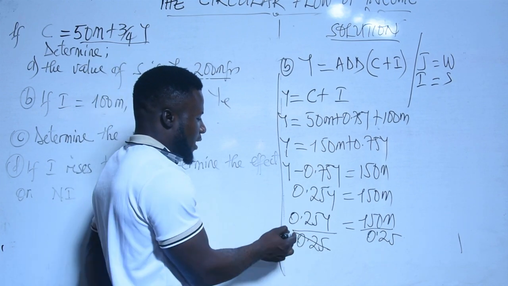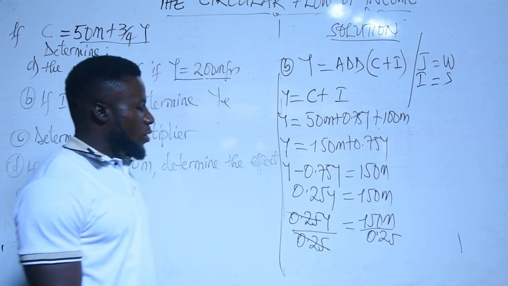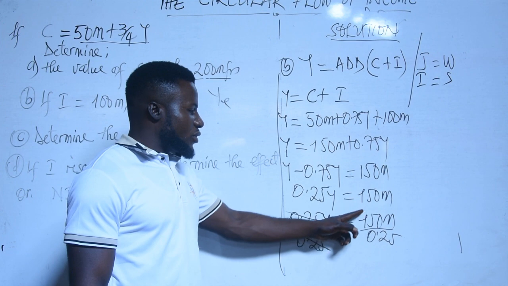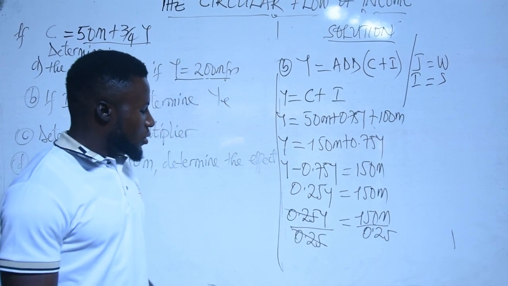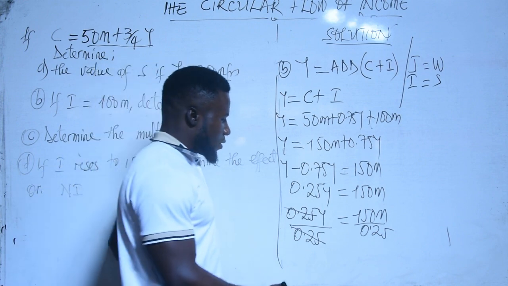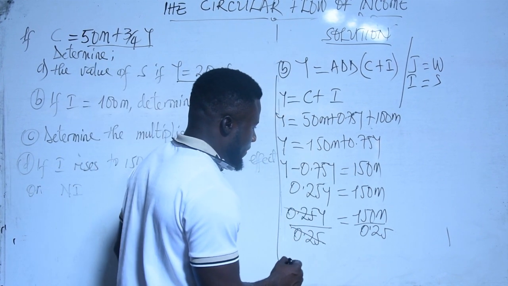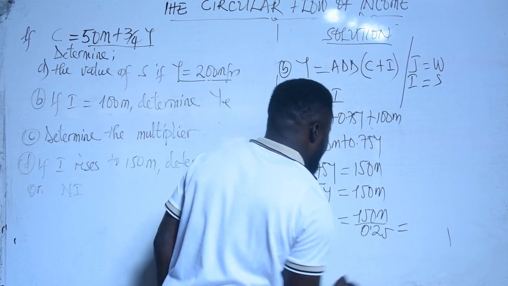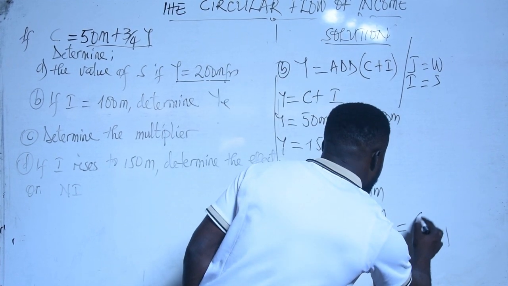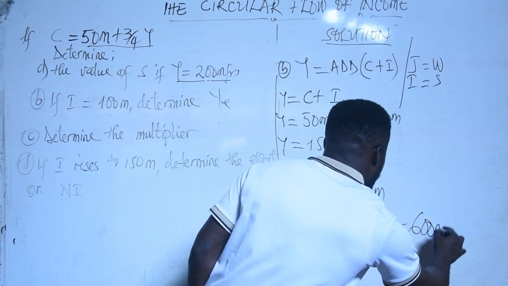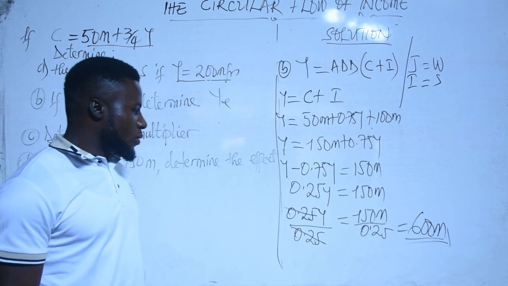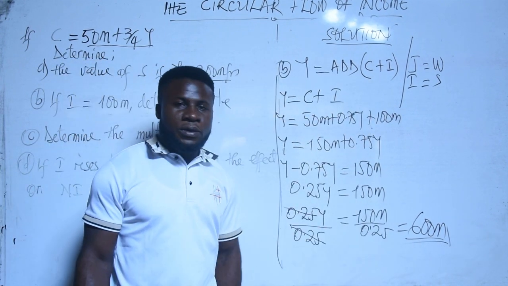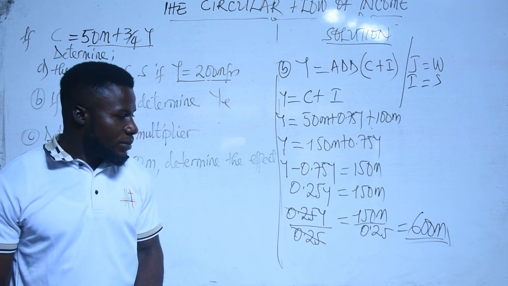This strikes this, and when we take 150 million divided by 0.25, it gives us 600 million. So that gives us 600 million francs CFA. That is how you work with your equilibrium level of income.